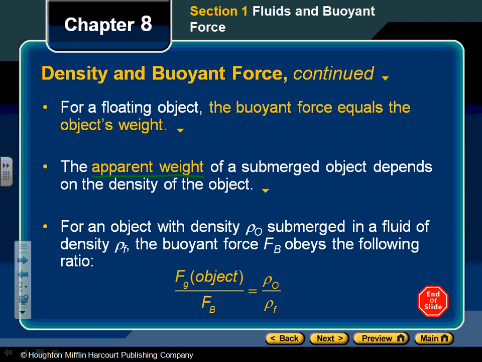Because when it's under the water, there's still a buoyant force pushing up on it. The buoyant force, again, is equal to the mass of the water displaced times gravity. Okay, so it still holds true.